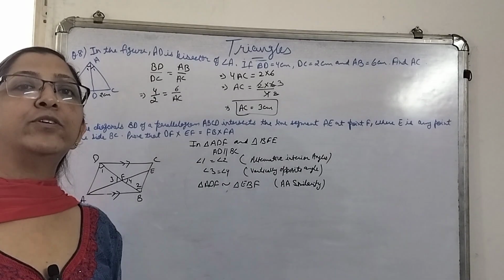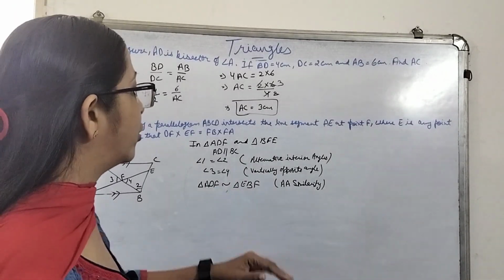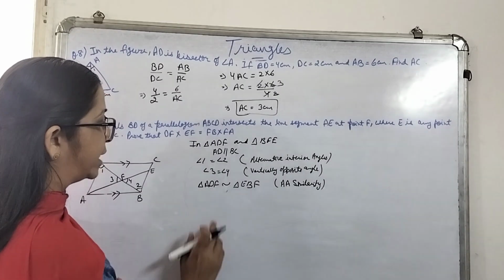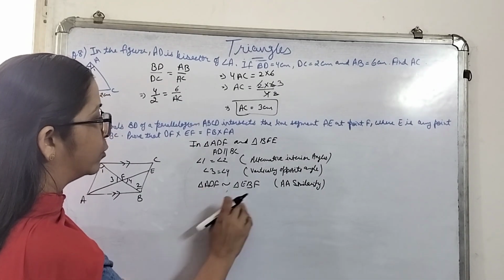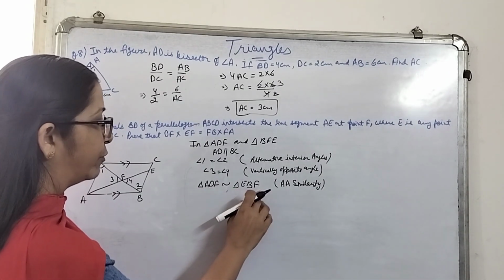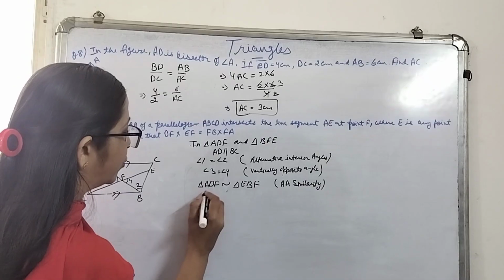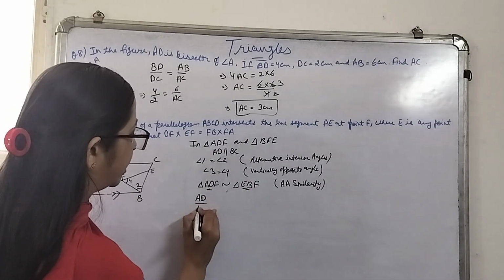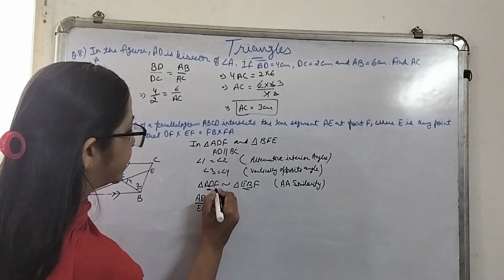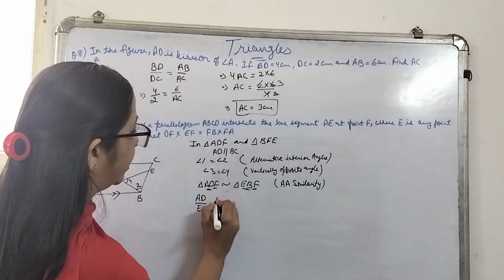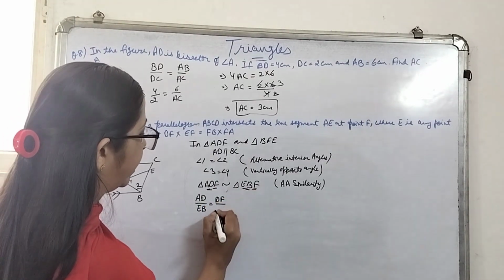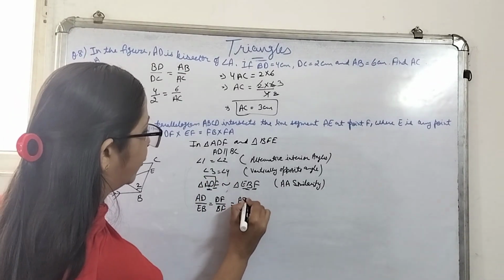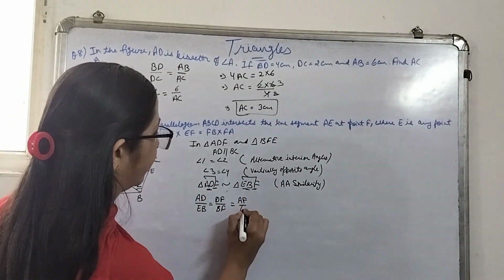And we know that if triangles are similar, then their corresponding sides are in the same ratio. A corresponds to E, D corresponds to B, and F corresponds to F. So the ratio of corresponding sides will be AD over EB equals DF over BF equals AF over EF.